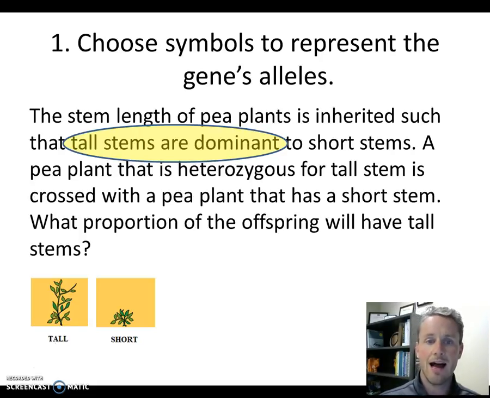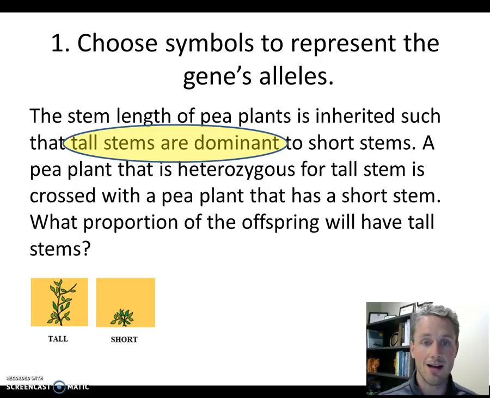So right there, I can now choose which symbols to use. Remember, we use uppercase letters to represent the dominant trait and lowercase letters to represent the recessive trait. So whatever letter I'm going to use, I'll use the uppercase to represent tall stems. In this case, I'm going to use T's, T for tall, but you could use S's for stems.